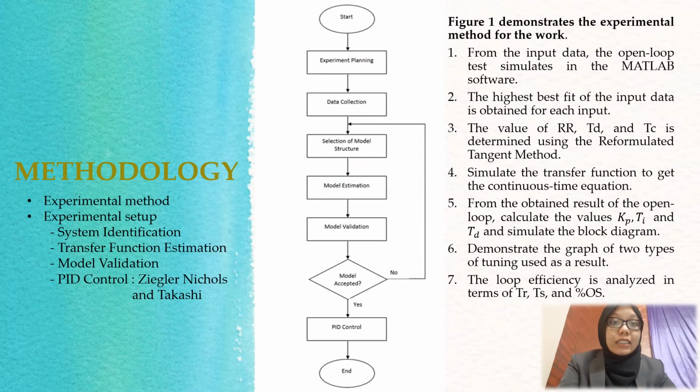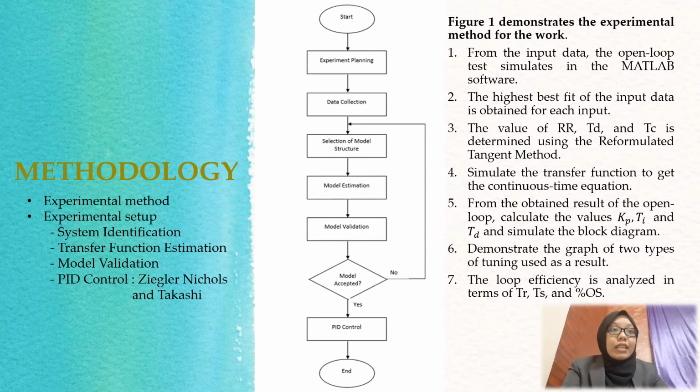For the methodology part, as you can see, there is a flowchart above. After start is experiment planning. Next is data collection, where we obtain the highest best fit of the input data of each input. Next is selection of model structure by using the reformulated tangent method. Next is model estimation of the transfer function to be used on the Simulink.